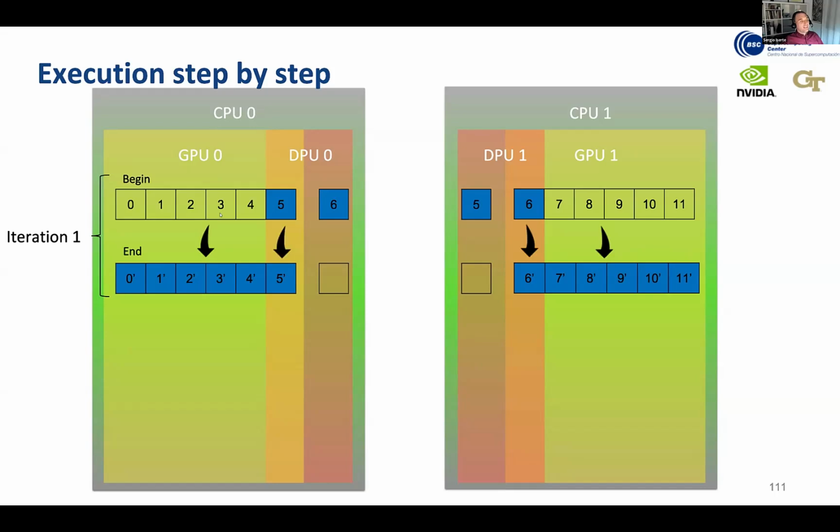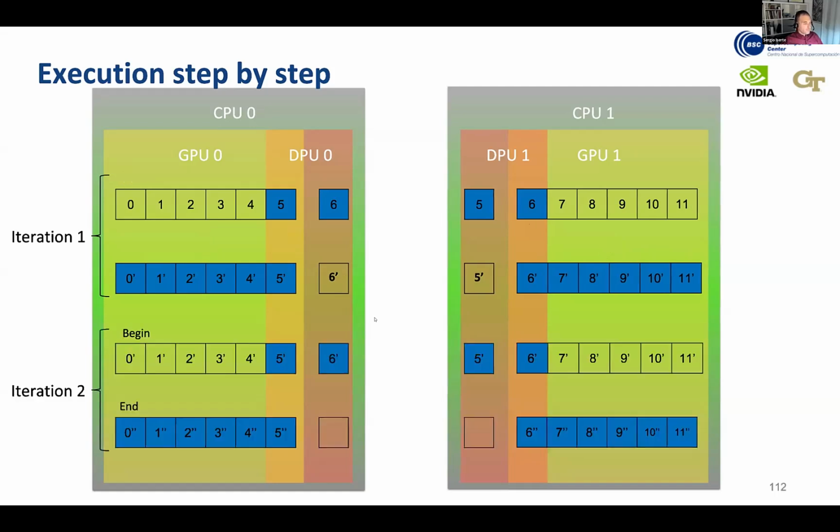So while the GPU is computing the inner subdomain, the DPU computes the outer subdomain and exchanges and communicates the data with the neighbor. In the second iteration, it will do the same. While the GPU is computing the inner subdomain, the DPU computes the outer and exchanges that data.